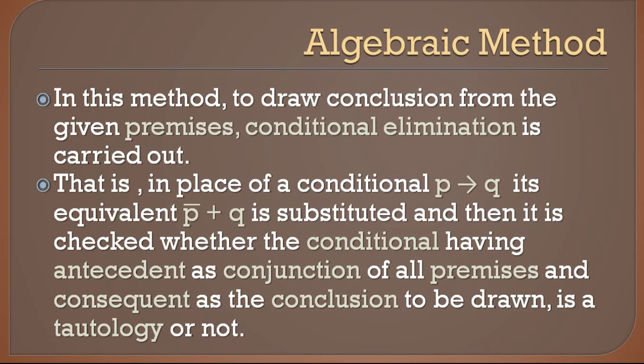You are going to multiply the premises, P1 dot P2, like an AND operation for combining the two premises used, and the conclusion will be the consequent. Then you are going to check whether it is a tautology. That means it should be 1, right? If it ends with 1, then it is a tautology, then the conditional, that is the conclusion, is established.